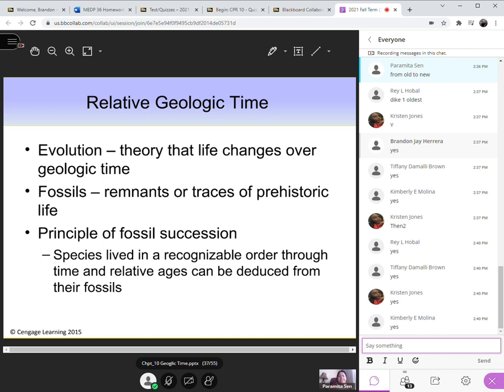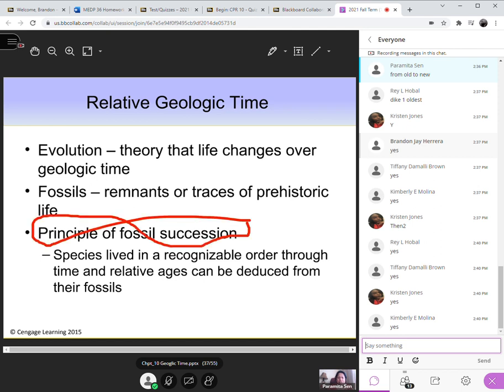Principle of fossil succession. So we did principle of superposition, principle of original horizontality, principle of baked contacts, principle of inclusion, and then principle of fossil succession. So this is number 5. I'm going to give you an essay to prepare for your final exam.